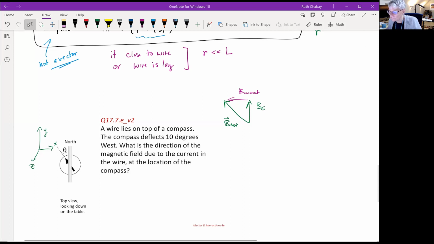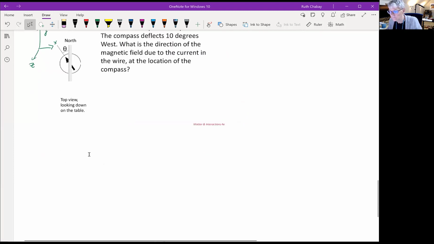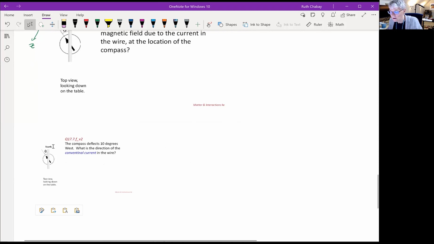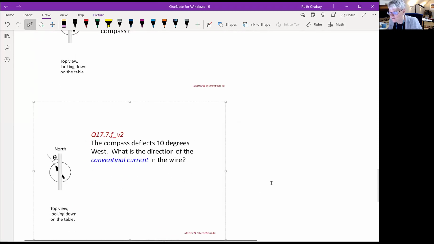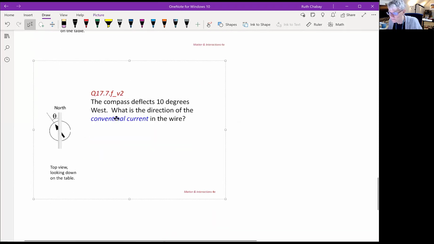Okay, given that, what's the direction of the conventional current in the wire? Okay, well, let's just see what you say. Okay, so let's, given that you know the magnetic field has to be to the west.